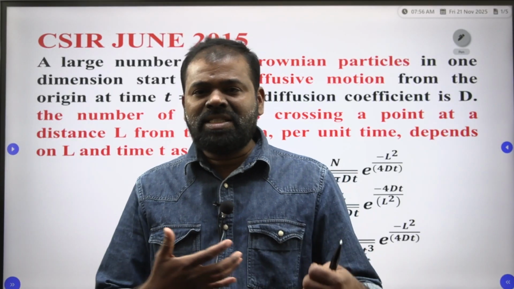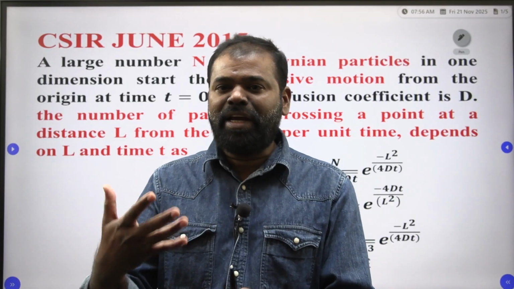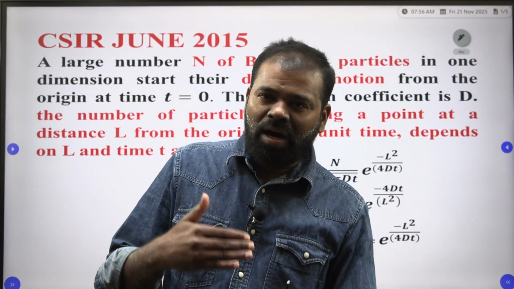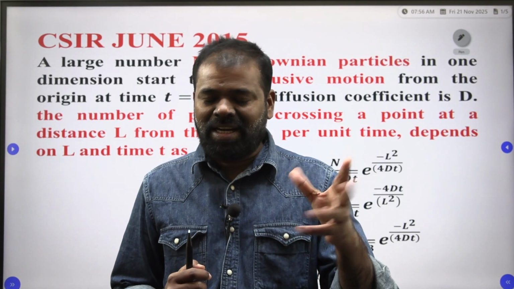After some time, Einstein took this theory and derived the mobility and diffusion coefficient of the Brownian particle.